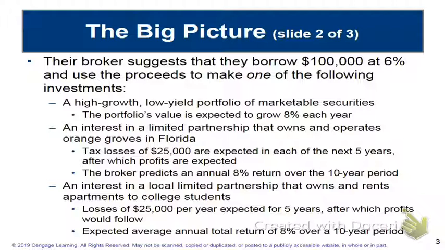It's losing $25,000 right now and they expect it to continue to lose money for the next 5 years, but after that they expect an 8% return for the next 8 years. Or they can invest in a local limited partnership that owns and rents apartments to college kids. They lose about $25,000 for the next 5 years, after which they expect profits. Again, expected annual returns of 8% over the next 5 years.